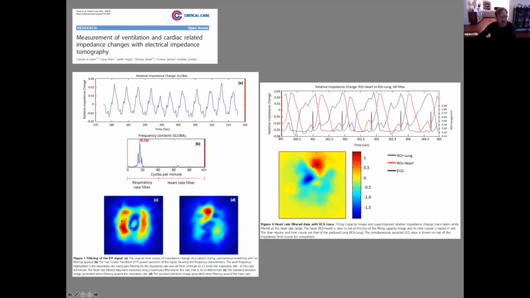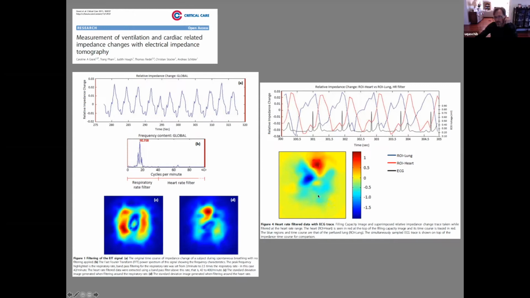As you can see, if you reconstruct the image based just on the frequency around the breath rate, you get a normal EIT signal. And if you do the same filtering, you can even see here the pulmonary artery coming out of the right ventricle.